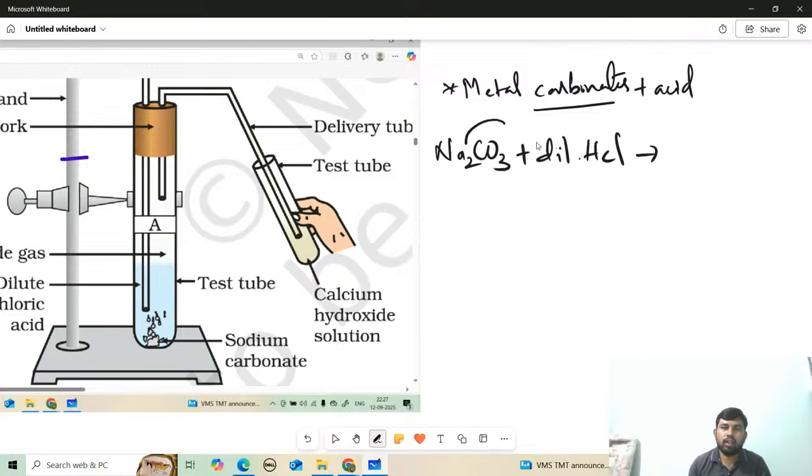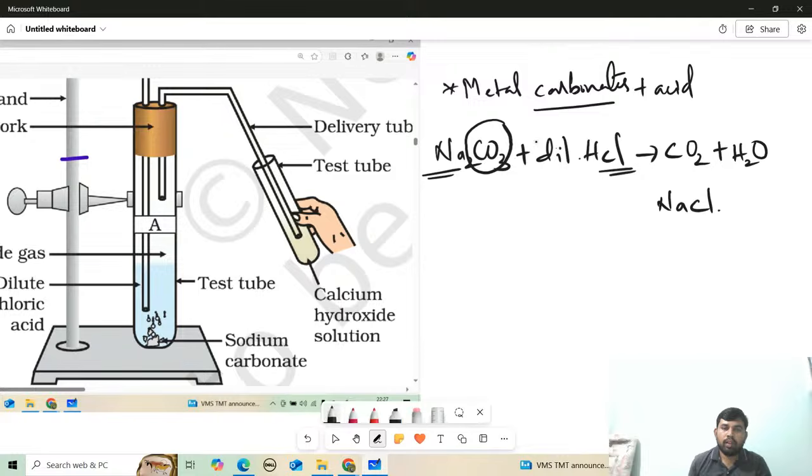Whenever you see CO3 on the left side, in chemistry generally on the right side there will be CO2, carbon dioxide, plus water, plus salt. Here you have salt: Na is from the metal and Cl from the acid, so we get NaCl. Now, this is a production of which gas? There is a production of carbon dioxide gas. You should remember this is very important here. This gas is going to be produced.